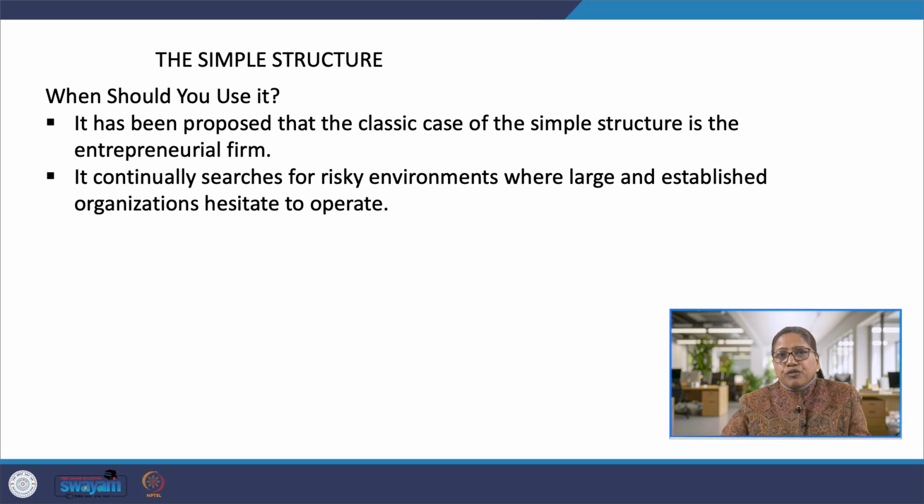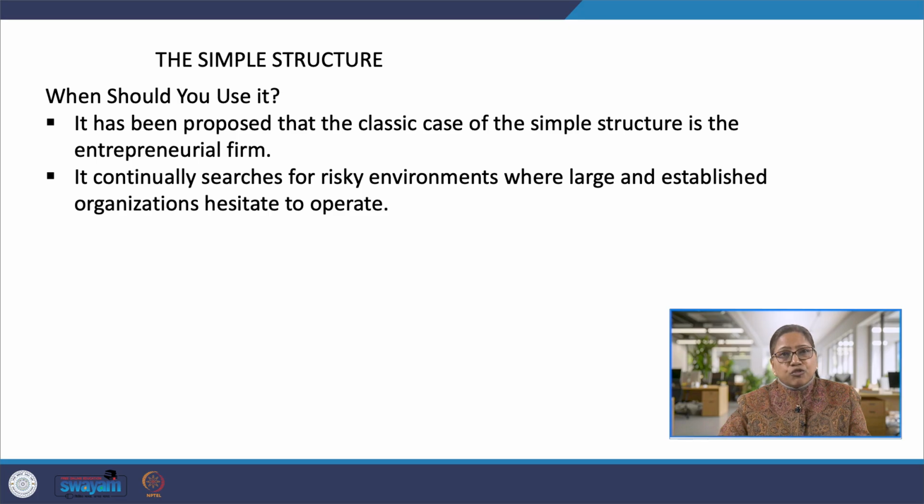These entrepreneurial firms are usually very small and they can be flexible or organic, and their entrepreneurs can maintain tight control because they do not want to lose control over the situations, or they want to take decisions within their purview. Of course, the high risk translates into a high attrition rate. Thus, entrepreneurial firms rarely stay that way for a long term.